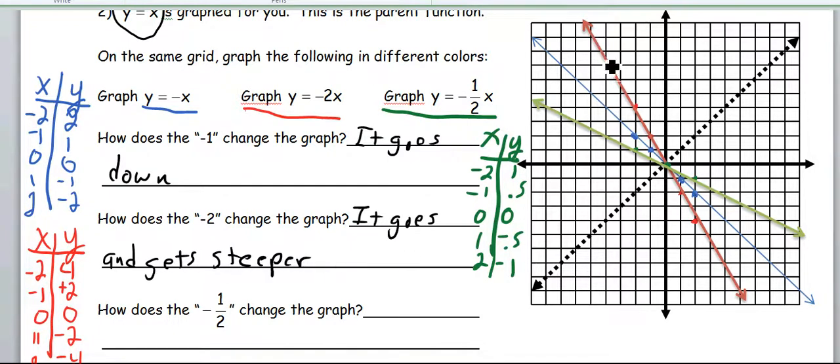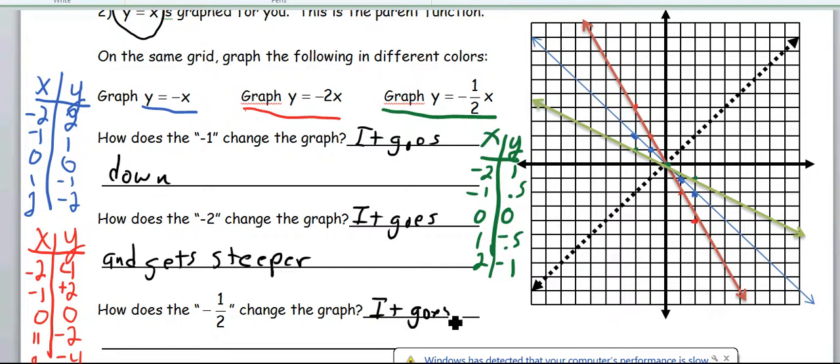So that red line would be a steeper hill to climb than this black line. The blue line is the same steepness, so it wouldn't be any more difficult to climb up going that way on the blue line as it would be climbing up on that black line. And finally, how does negative 1/2 change the graph? Well, it makes it go down too.